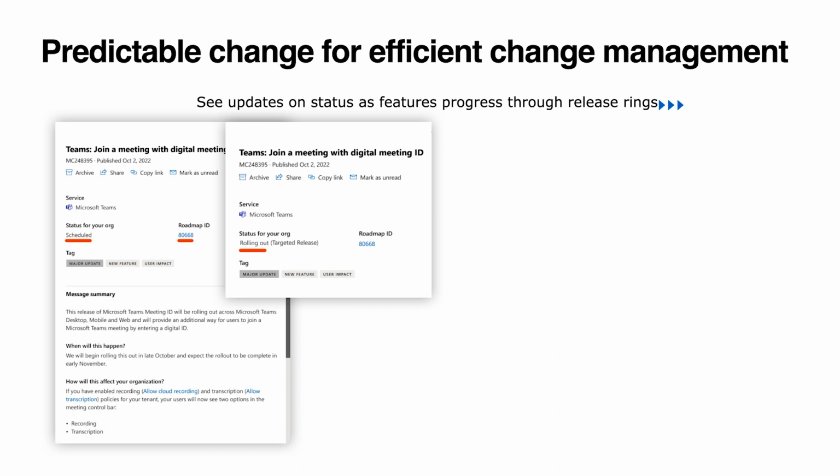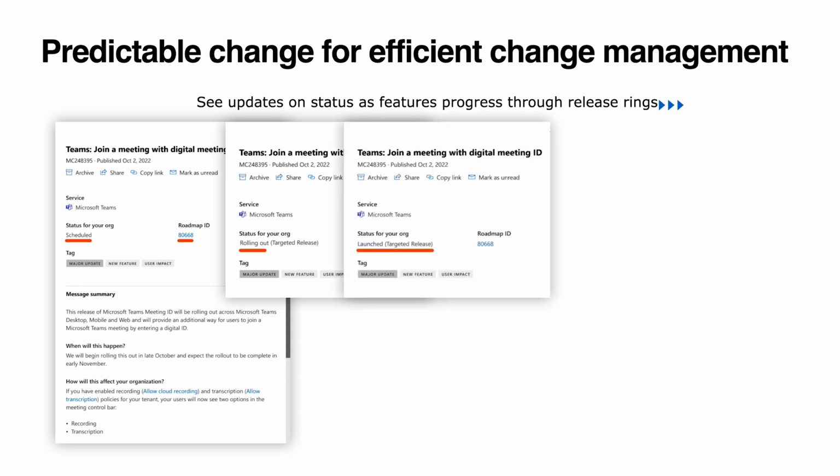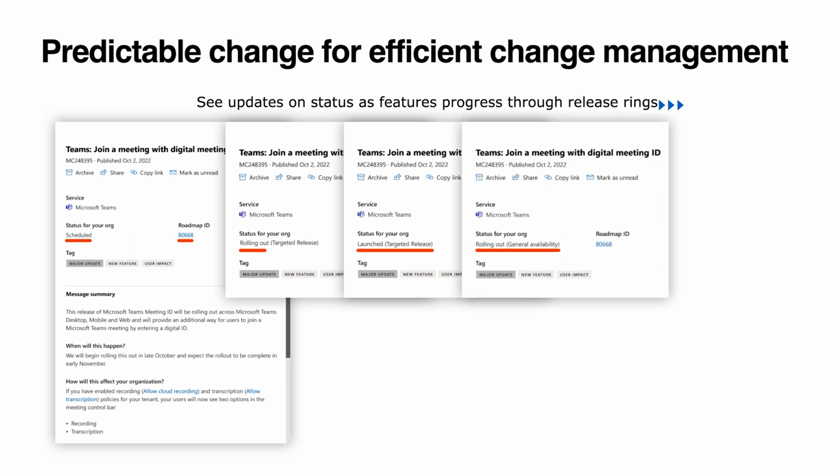Once it has completely rolled out to all your users in targeted release, the status will change to launched targeted release. After the feature has started to roll out worldwide, the status will change to rolling out general availability. Finally, when the feature is available to everyone in your organization, the status will change to launched.